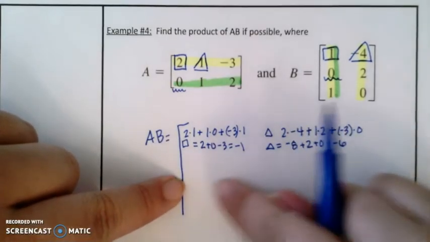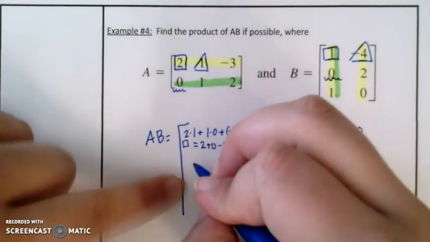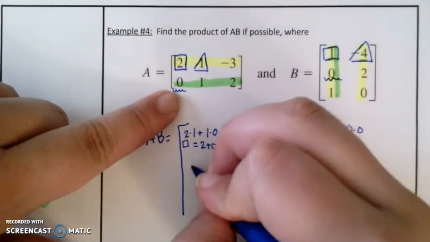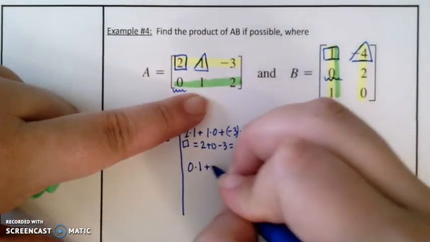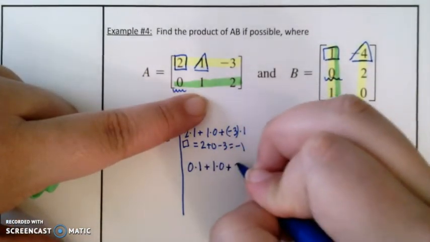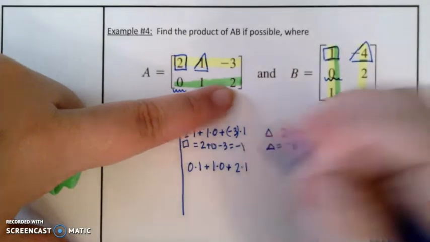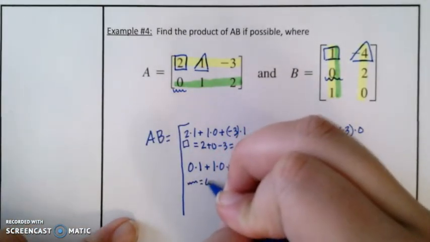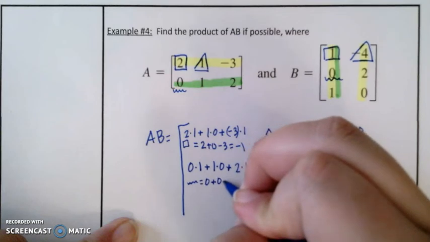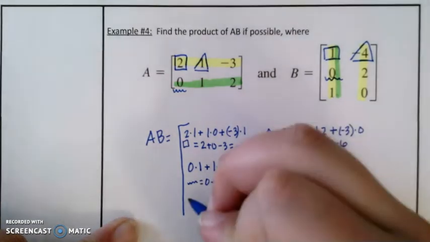So that tells me I'm in this element right here. 0 times 1 plus 1 times 0 plus 2 times 1. So this is 0 plus 0 plus 2 is 2.